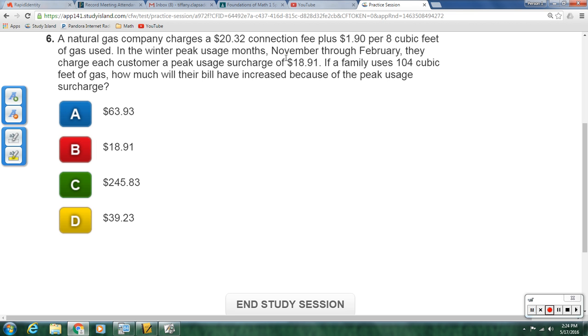If they're gonna charge them $18.91 no matter what, and they're not gonna go over that, so they still have to charge them the connection fee? That's the key there. Because they're not connecting it, they only got a connection once, right? Yeah, they're only connecting it once. So does that 20.32 have anything to do with it? So no matter what, they're still paying 20.32.